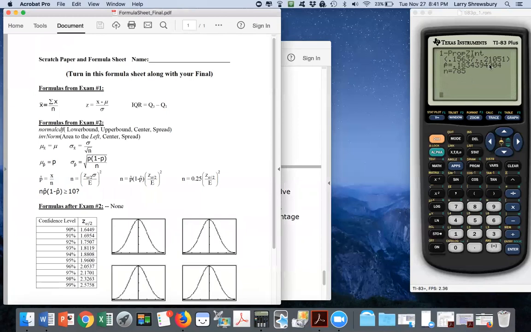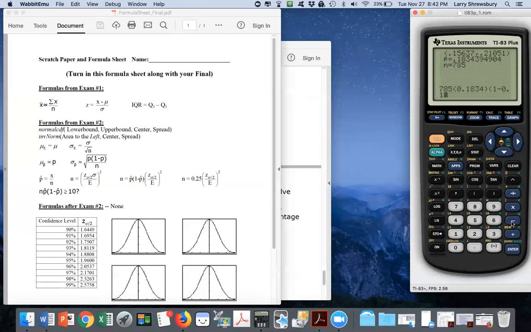Well, your p hat is 0.1834, and n, hey, let's just check it out right now. 785 times 0.1834 times 1 minus 0.1834. And does it pass? Well, it certainly does. All right, so the conditions are met.